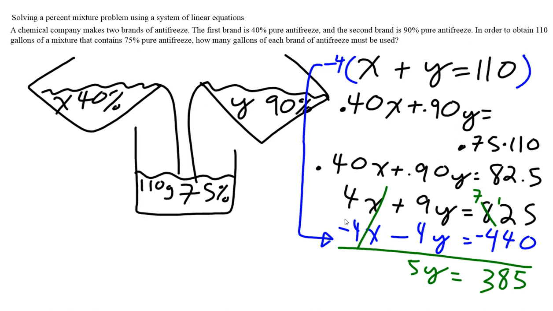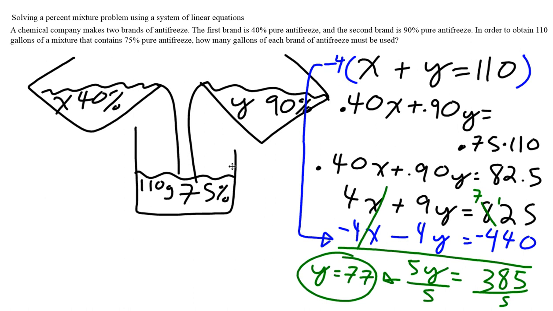Divide both sides by 5. Again, you can use a calculator if you need to. 385 divided by 5 is going to give me 77. So we have 77 gallons of the 90% solution. Now to find x, I can plug y into here.